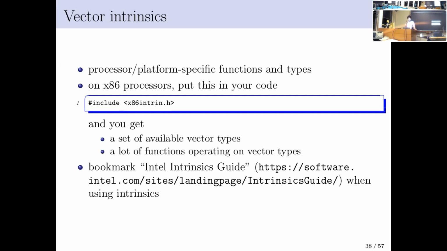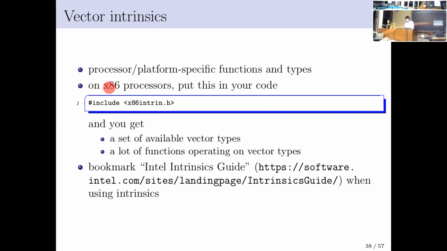But nevertheless, if you simply write square root of a value x, when x is a vector of floats, the compiler complains. So intrinsics is a way to explicitly access all these available CPU instructions, all these vector instructions supported by the CPU.